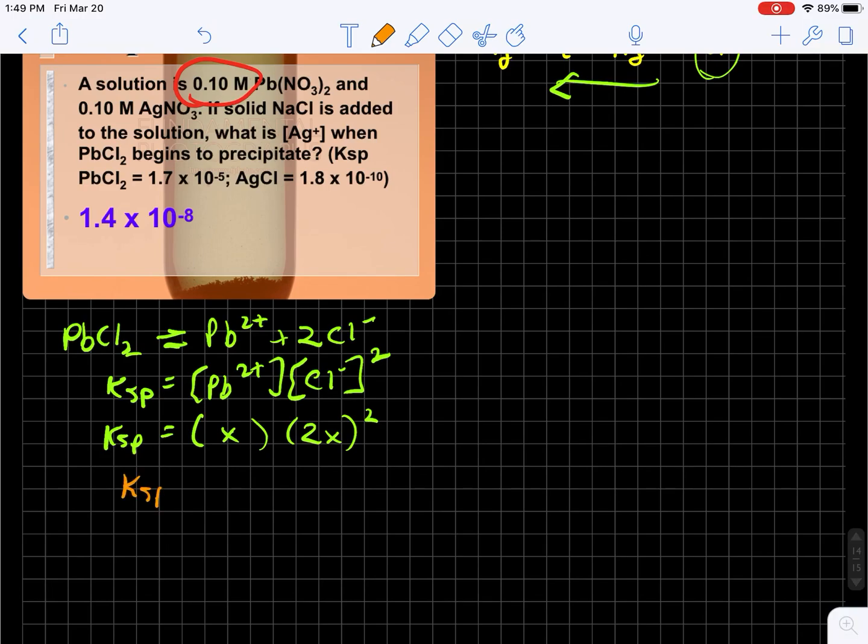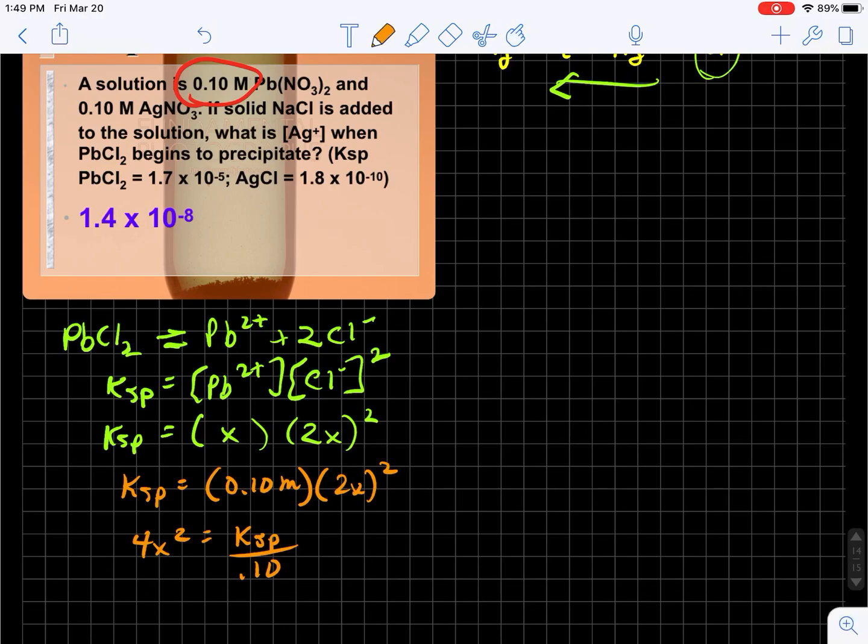So we're going to get KSP is equal to 0.10 molar times (2x) quantity squared. And let's rearrange this. So we get 4x squared is equal to KSP divided by 0.10.